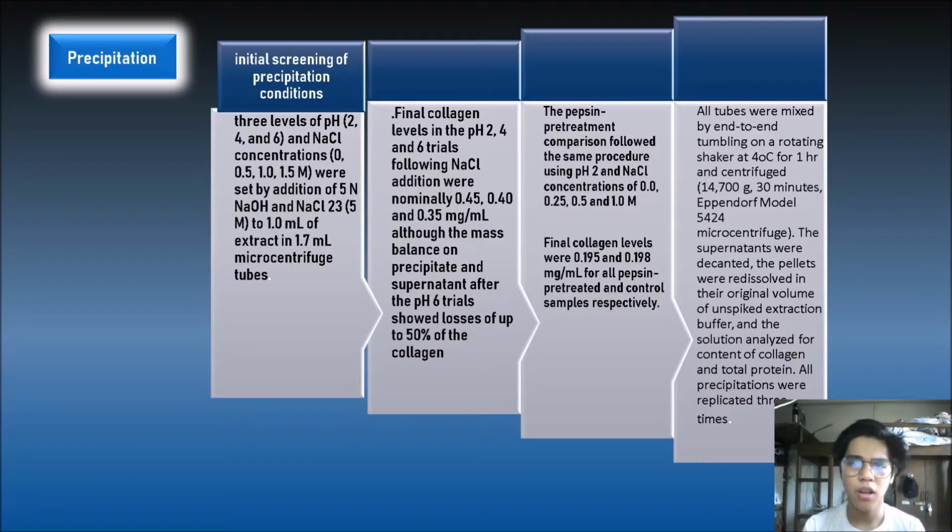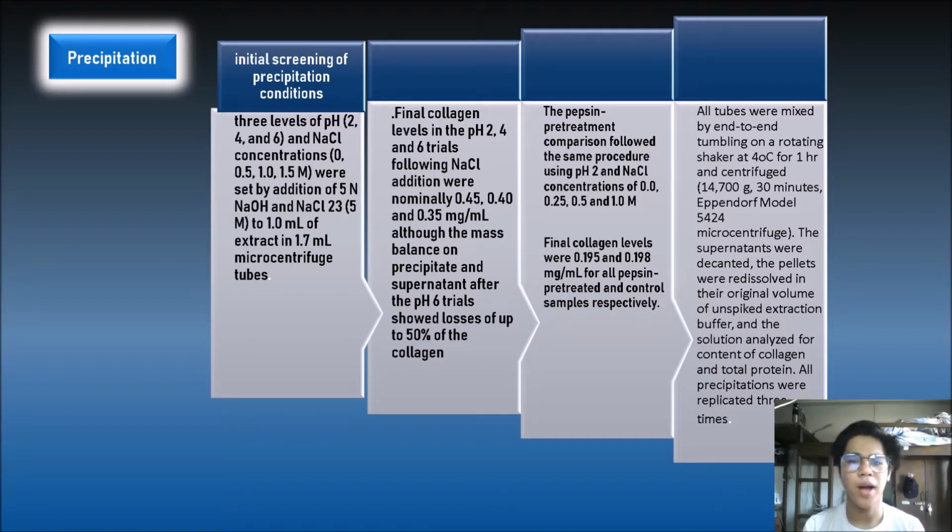The final collagen levels in the pH 2, 4, and 6 trials following NaCl addition were nominally 0.45, 0.4, and 0.35 milligram per ml.